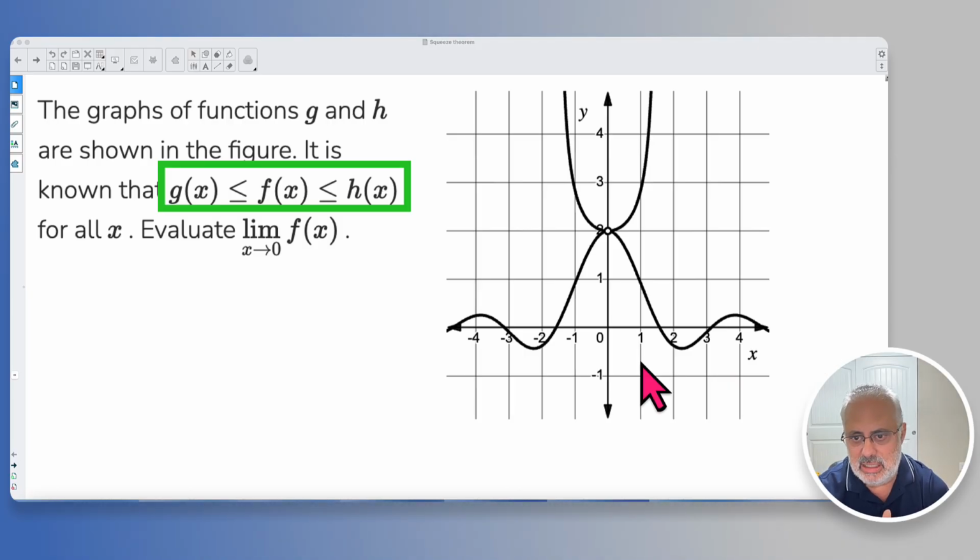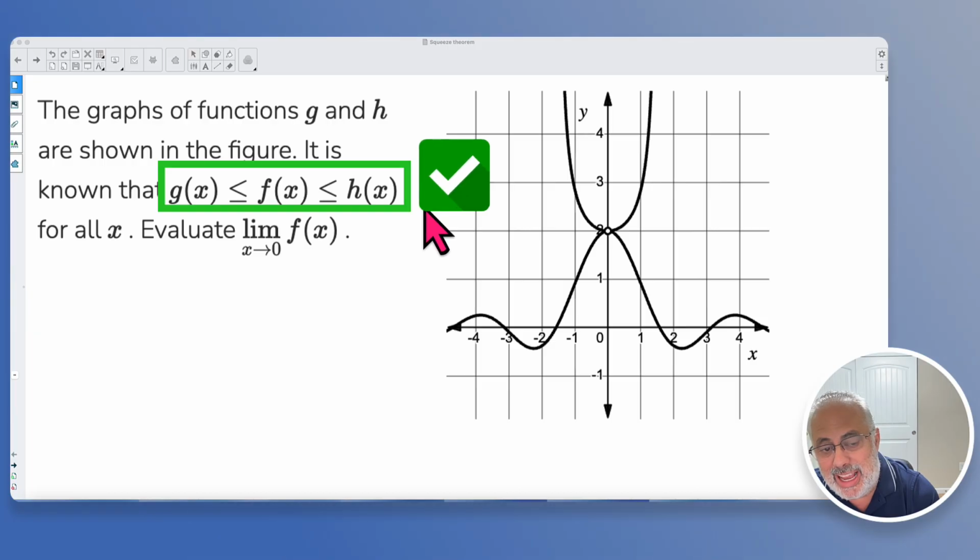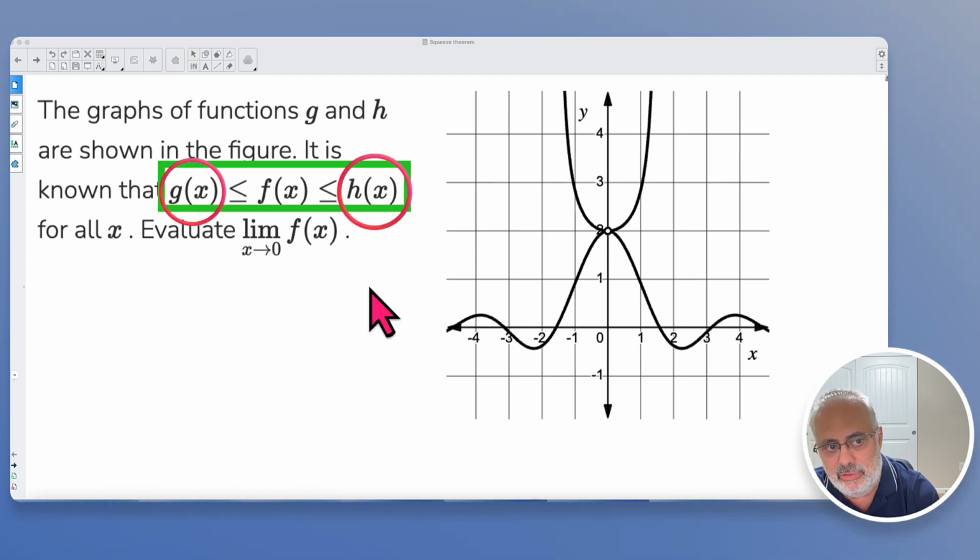So let's say that the function f is inside right there, in between those 2 functions. If we can guarantee this statement right here in green, we can say that the limit of the function f when x approaches 0 is exactly the same as the limit of the functions h and g, because h and g have the same limit.